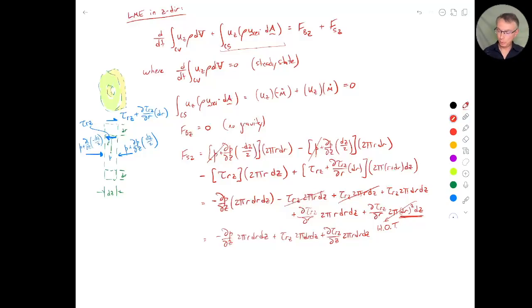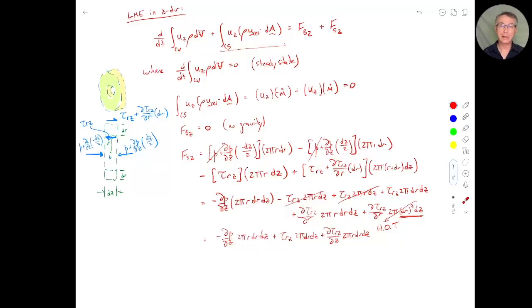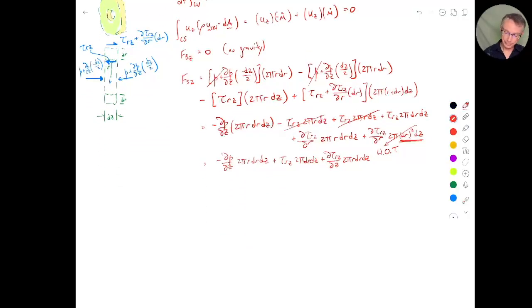But now we can substitute everything back into the linear momentum equation up here. You'll see the first term again is just 0 because it's steady state. The second term is 0 because the linear momentum coming in and going out of the control volume are the same. We have no body forces in the z direction. And the surface force terms turn out to be a combination of pressure and shear stresses. Okay, so let's go ahead and substitute that in.